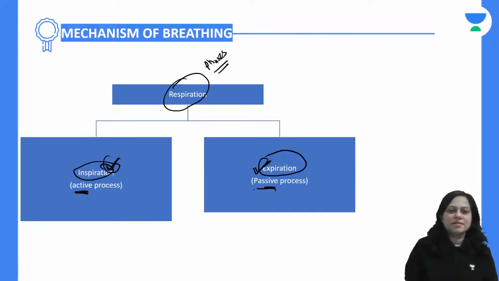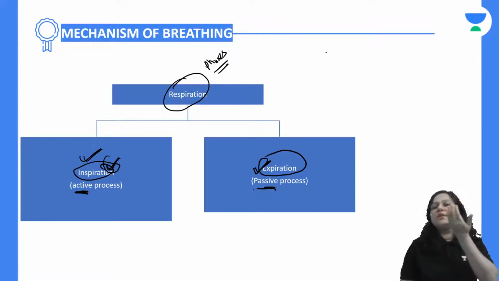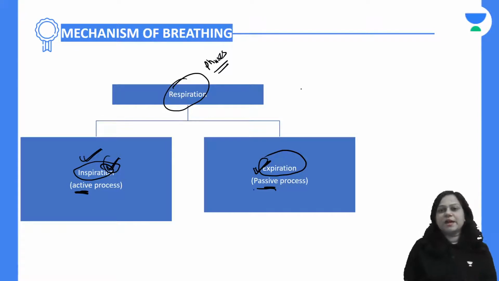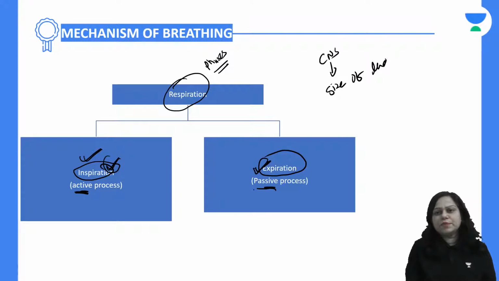Now let us understand inspiration first. During inspiration, what happens when you inhale air? Because of the nervous discharge from the brain, there will be an increase in the size of the thoracic cavity.